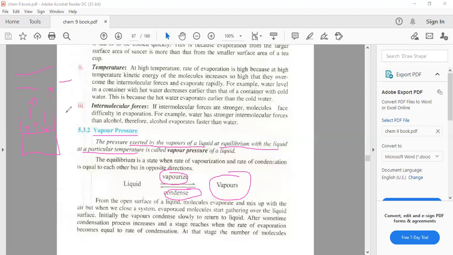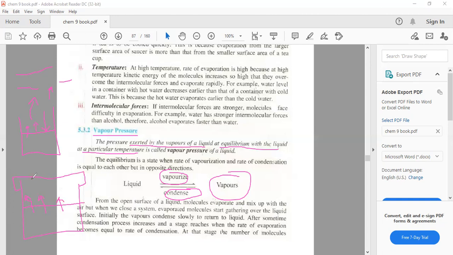But if the container is closed, if the system is closed with some cover or lid, then at a particular temperature, when the liquid molecules convert into vapor and escape the surface of the liquid, they will move upward.